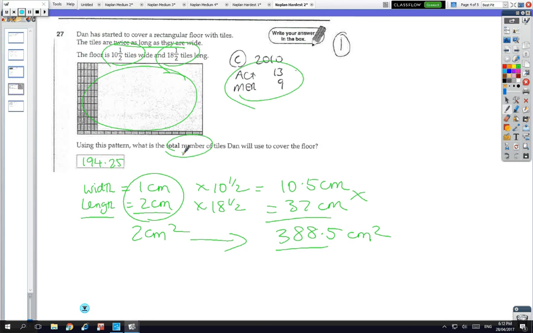So for the total number of tiles to cover the floor, I'm going to cover my bases and say 195 tiles. I think I could check that answer officially, but I'm going to say the answer is 195 tiles. Okay, moving on.